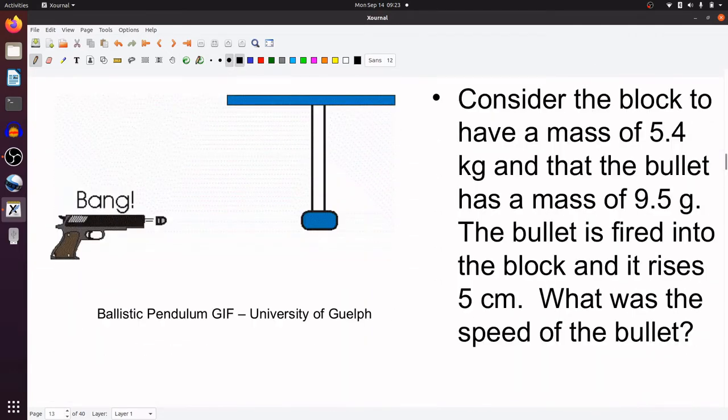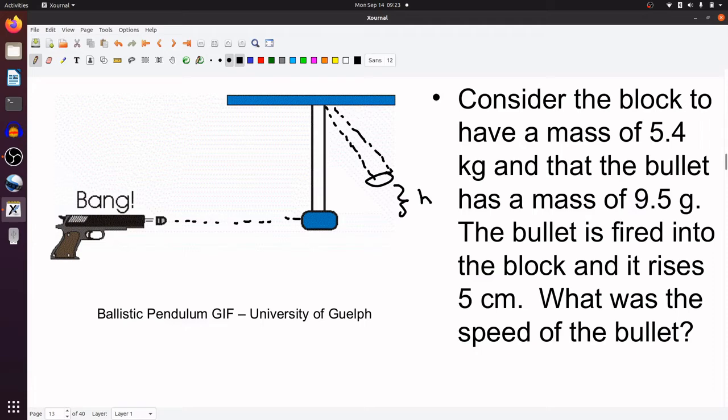This is a classic problem. It's a ballistic pendulum problem. Basically put, if you fire a bullet, it's going to go bam, and this thing is going to move up a certain height h.